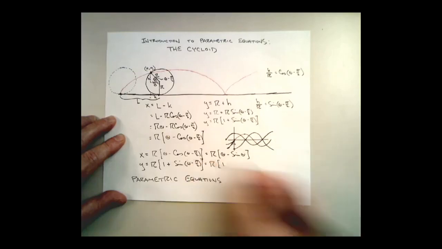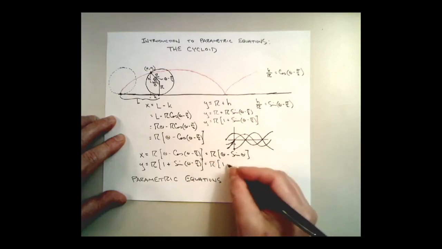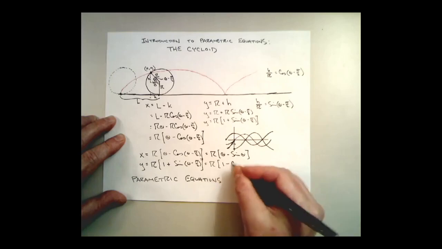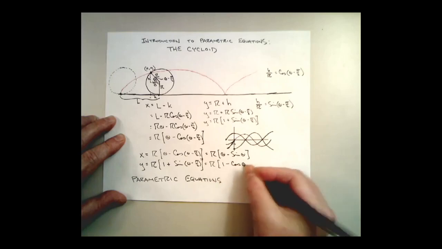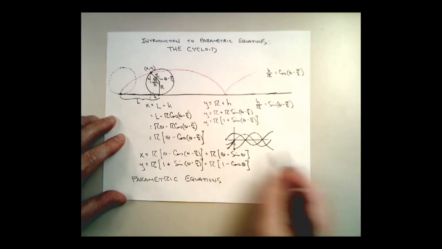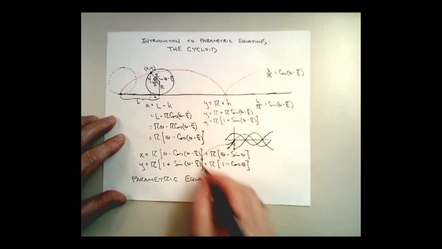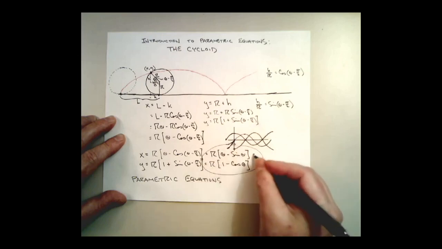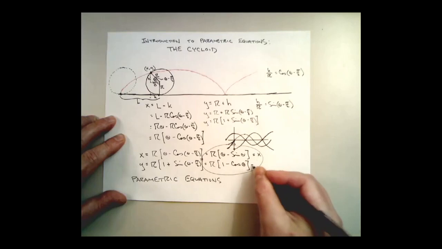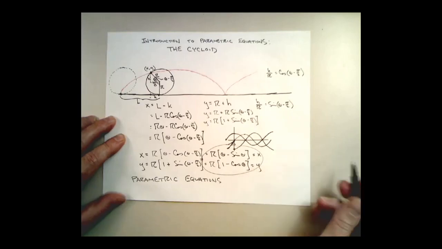So instead of sine of theta minus pi over 2, I can write the opposite of cosine of theta. And this is the pair of parametric equations that is traditionally written down for the cycloid.